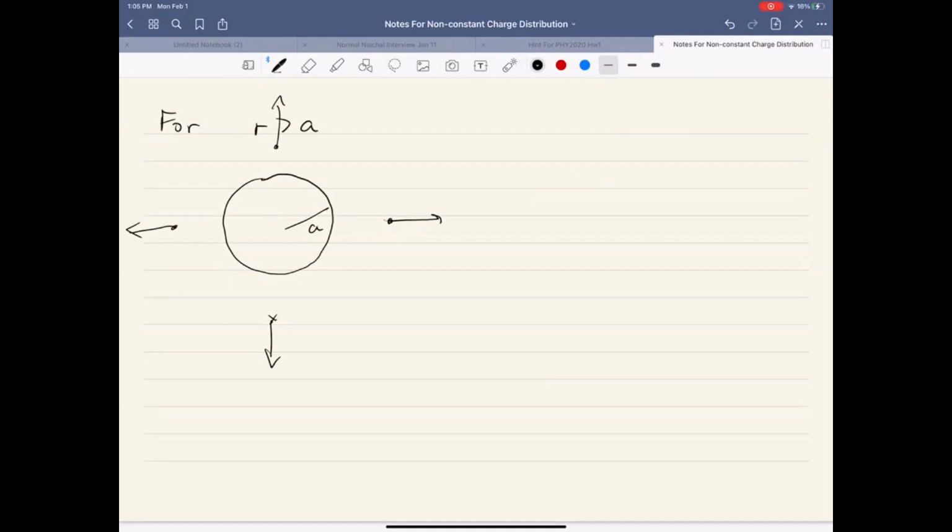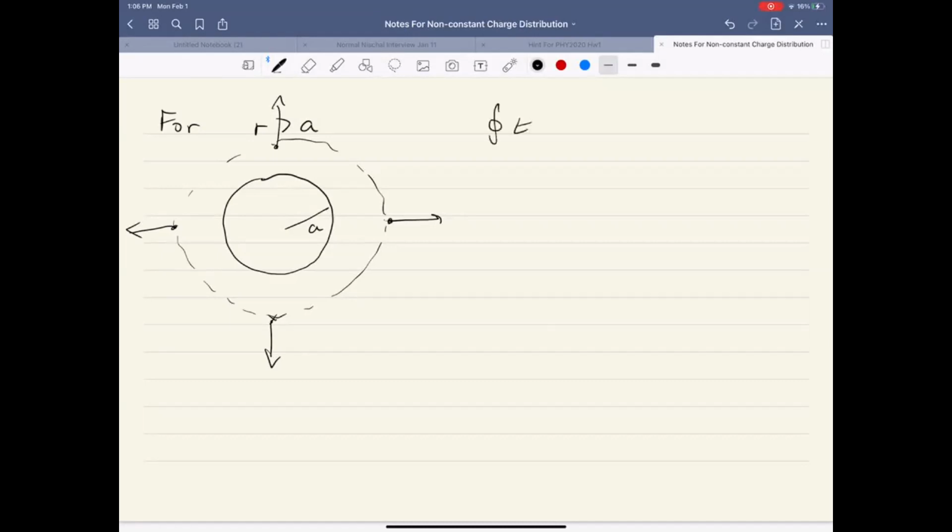Just like a point charge or the uniformly charged sphere we did before in a previous example, my Gaussian surface should match the surface of my actual charge distribution, which in this case is a sphere. Just like before, now I've got my Gaussian surface chosen, and you can see that the area vector is parallel to the electric field vector at all points.